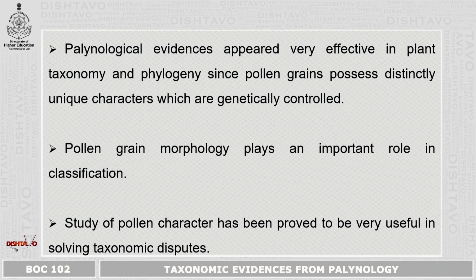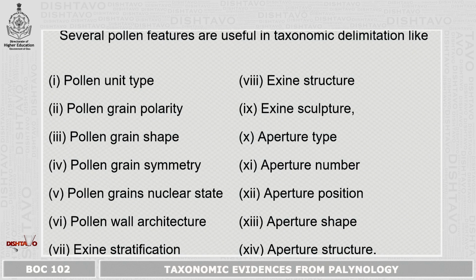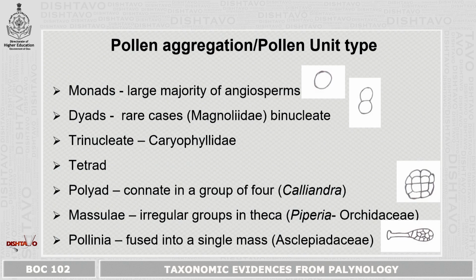Study of pollen grains has proved to be very useful in solving taxonomic disputes. There are several pollen features useful in taxonomic delimitation, like pollen unit type, pollen grain polarity, exine structure, exine sculpture, aperture shape, type, and position. There are a number of them to list.